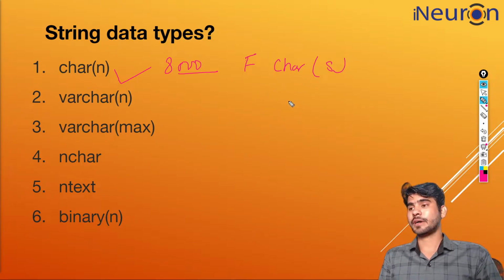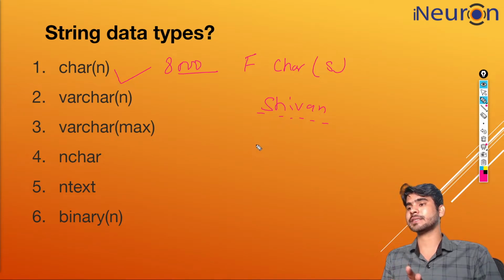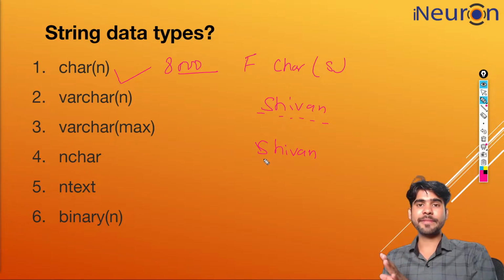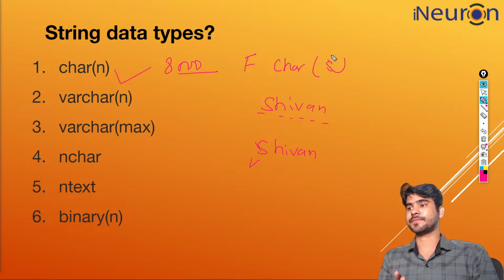It means our first name is like this, Shivan. Here you can see 1 2 3 4 5 6, it's a 6 letter name. So you can write Shiva, it's a 5 letter name, so here we can define the character string data type.